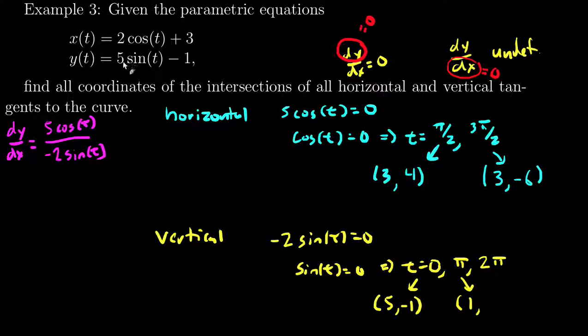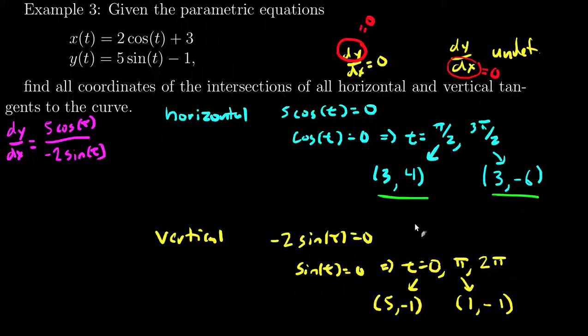Sine of pi is 0, times 5 is 0, minus 1 is negative 1. And if I put in 2 pi, cosine of 2 pi is 1, times 2 is 2, plus 3 is 5. It's going to be the same as this. Sine of 2 pi is 0, times 5 is 0, minus 1. Okay, so these here are the 4 intersections.